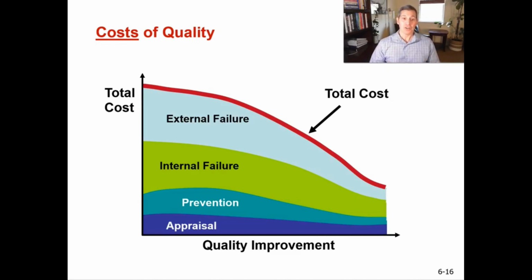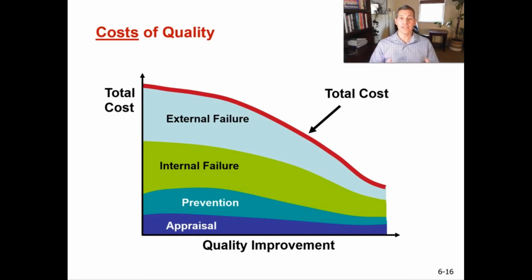So if you look at this curve, you can see that external failures cost an organization the most without question. If a defective product gets into the hands of your customers, that is the most expensive defect that you can have. Think about the airbags that were exploding a few years ago. All those cars had to get recalled and they put new airbags in them.